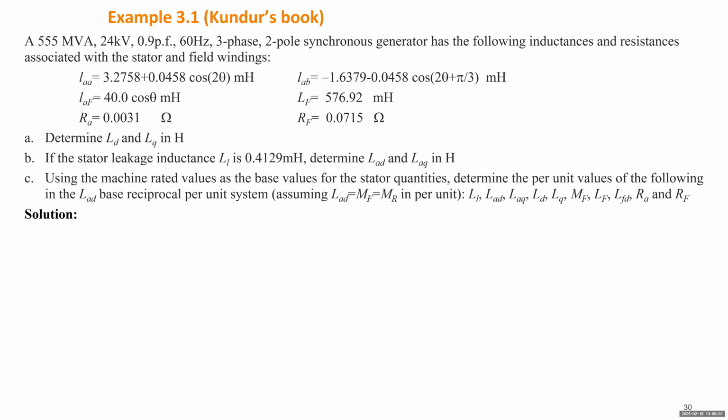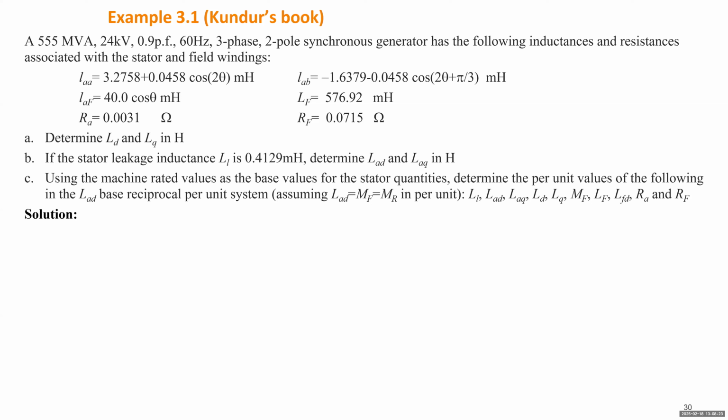It changes with a cosine function. They also give you LAB, right? We know LAB will be a negative value because the winding A and the winding B are separated by more than 90 degrees. So no matter how you project those two quantities, in which direction, they're always opposite to each other. So they will be negative.